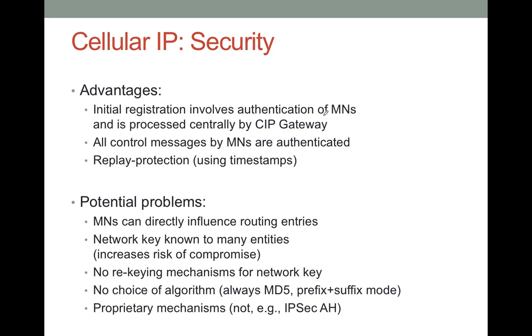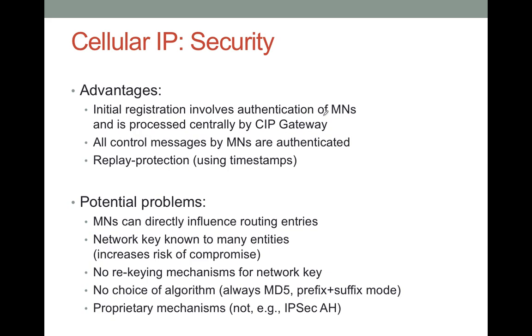Right, the advantage of cellular IP is, first, initial registration removes authentication of mobile nodes and is processed centrally by the CIP gateway. All control messages by the mobile nodes are authenticated. There is replay protection using the timestamp.